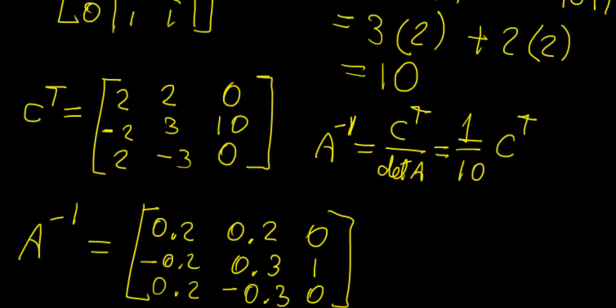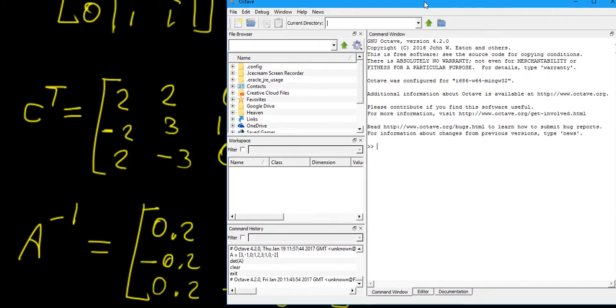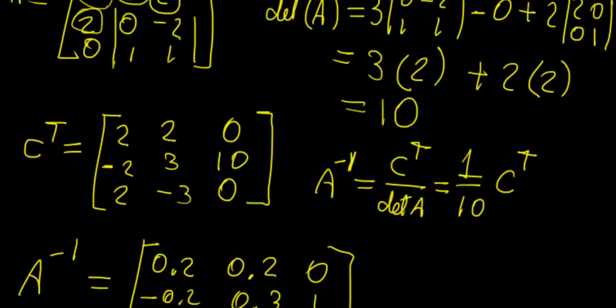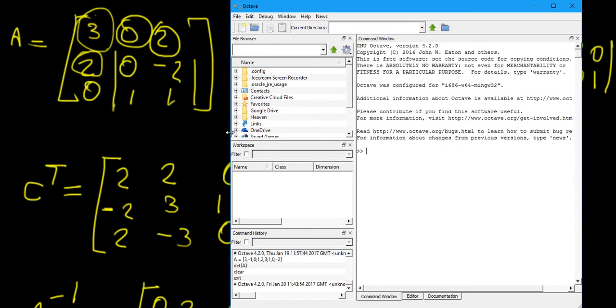Let's see what we can do with Octave. So let's open Octave again, and let's try and find the inverse of this matrix. Now remember, essentially there should be a function that allows us to calculate the inverse directly, and there is in fact. So I'm going to write the matrix here.